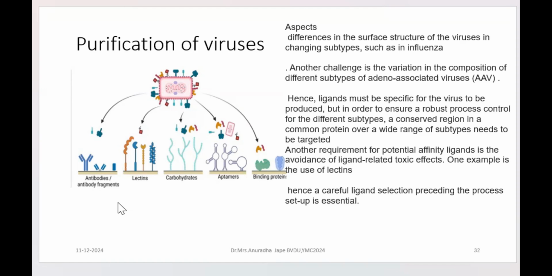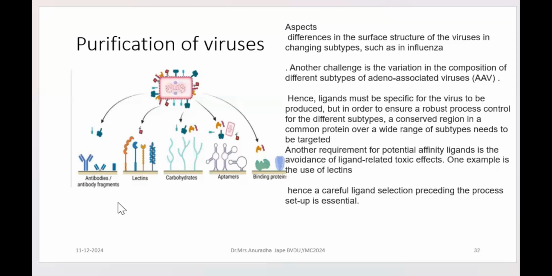Now, as I said, every virus has its own specific surface structure, and chemically they are going to be different. You have to select the appropriate ligand and appropriate support matrix.